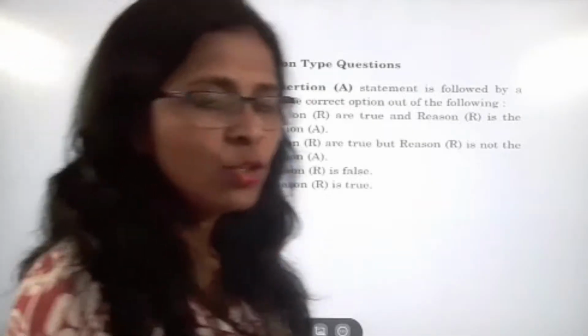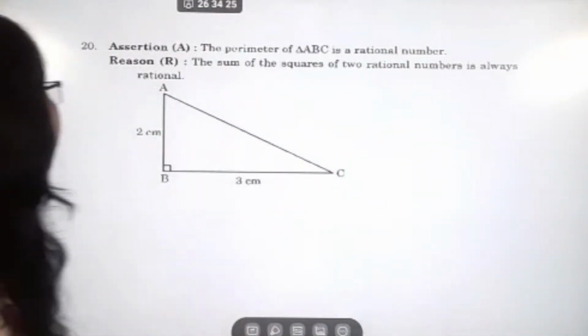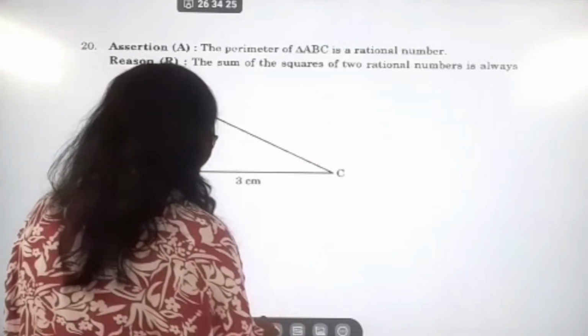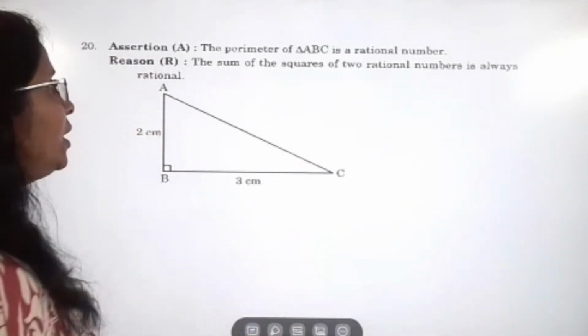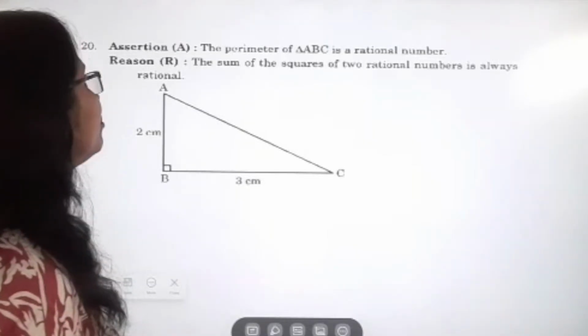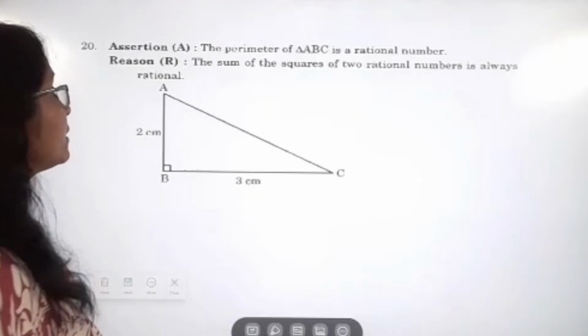Then next one students, 20. Assertion: the perimeter of triangle ABC is a rational number. And the reason: the sum of the squares of two rational numbers is always rational.